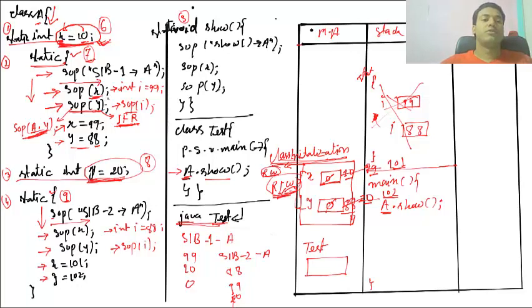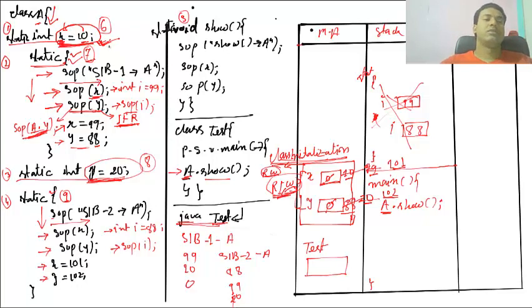The important point you have to notice here is that in the first run, JVM just allocates the memory for all the static variables and initializes them with the default values.